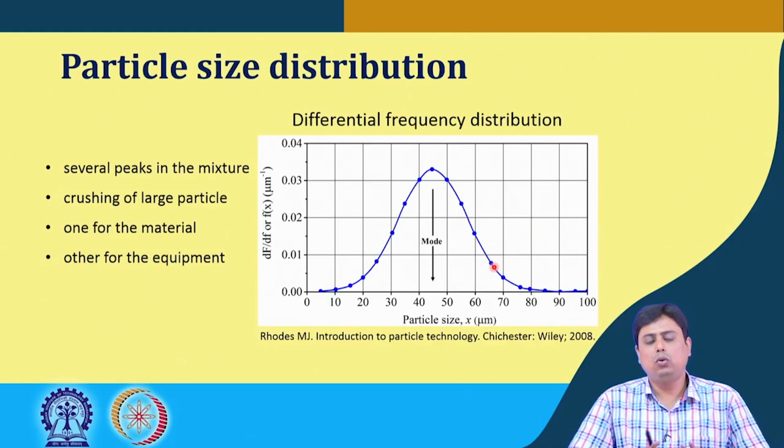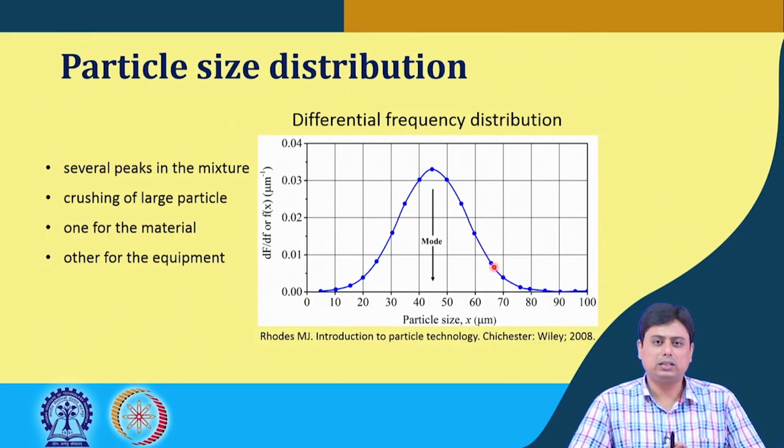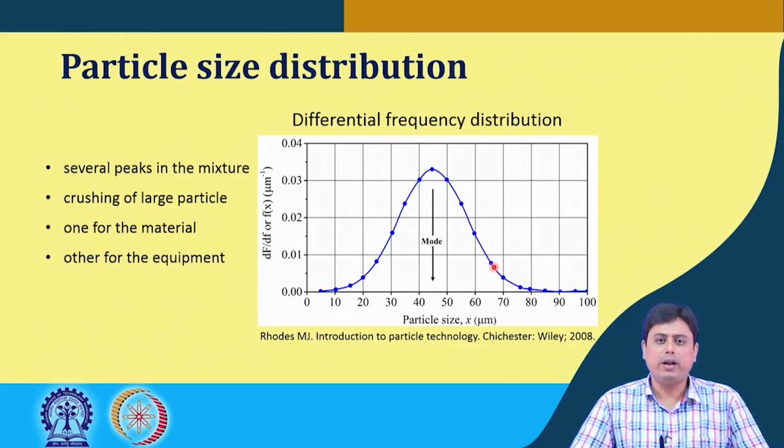So, these are the two major, or dominant, visible peaks we can ideally see when we crush larger size particles. One represents the material and the other represents the characteristics of the crushing or grinding equipment.